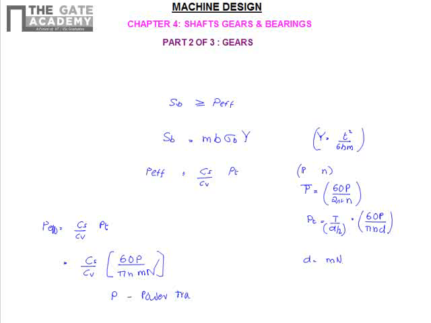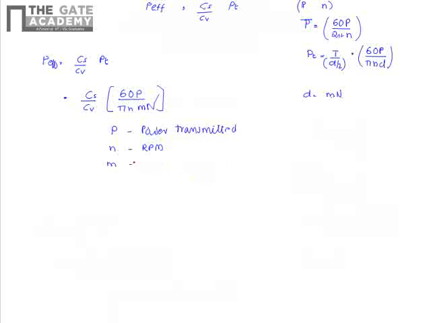Don't get confused with the nomenclature. In this equation, P is power transmitted, N is RPM of the machine, M is the module, and N is the number of teeth. And CS and CV are the service factor and velocity factors.